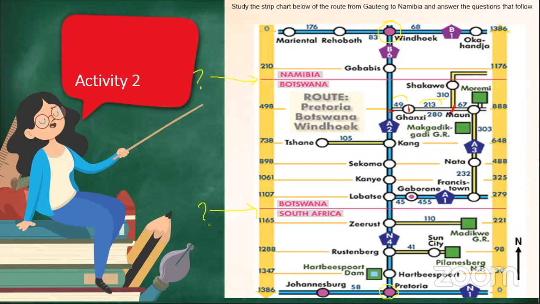From this T-junction to Shakawe, the distance is 310. Remember, this looks smaller, but this is not drawn to scale. So keep that in mind when working with these types of maps.